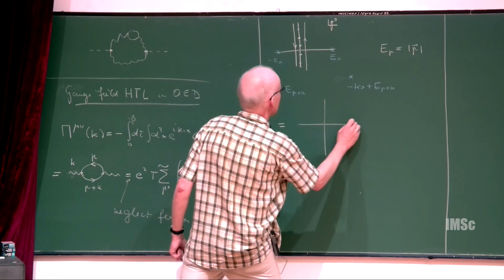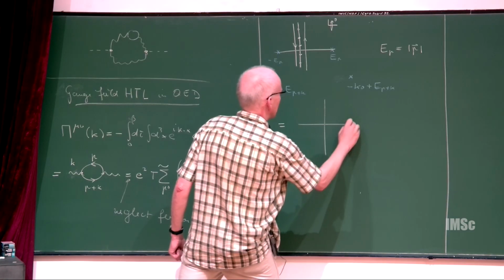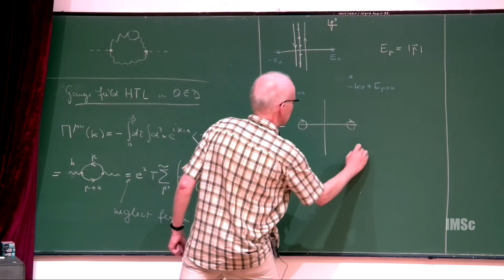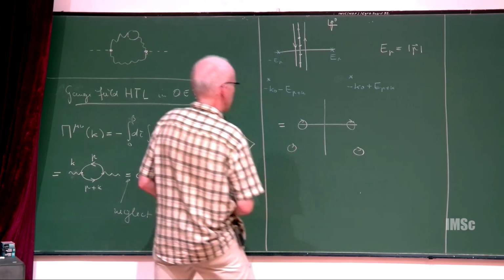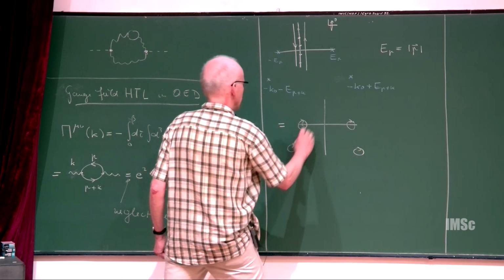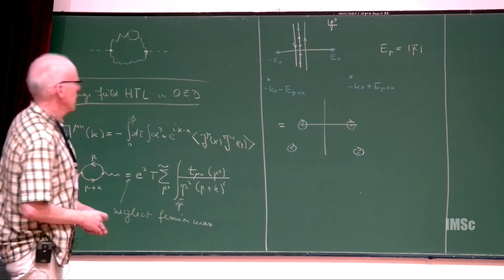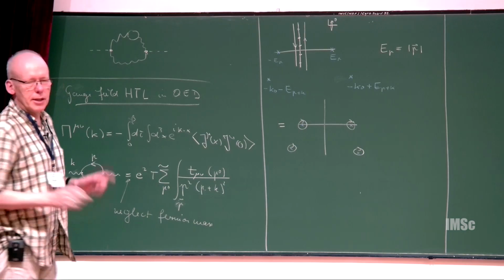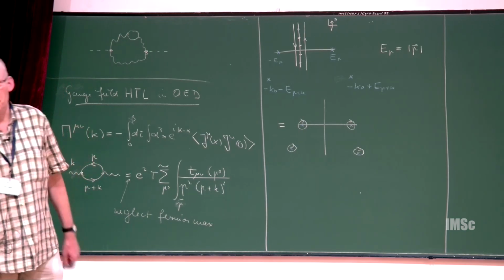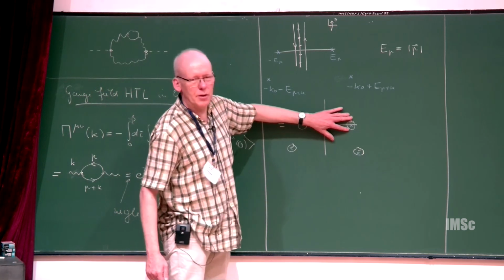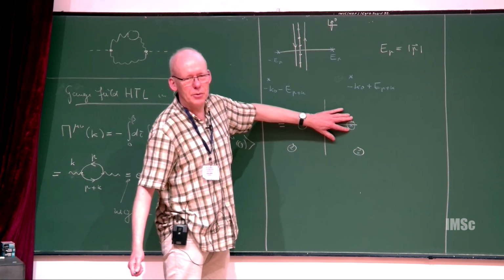We have one contribution from this pole here, one from this pole, one from this pole, and one from this pole. I don't want to do all of them because that involves a lot of writing. So let's just consider one pole here and see what we get from that.